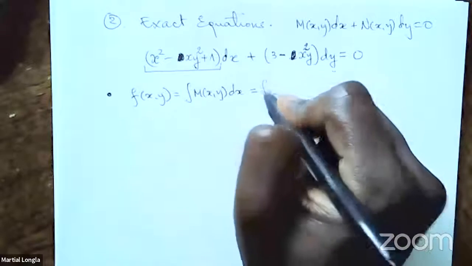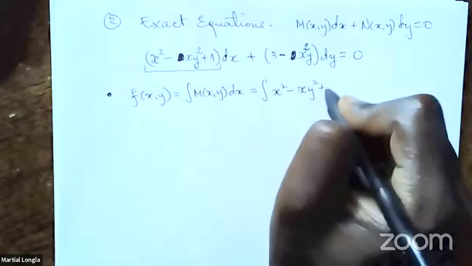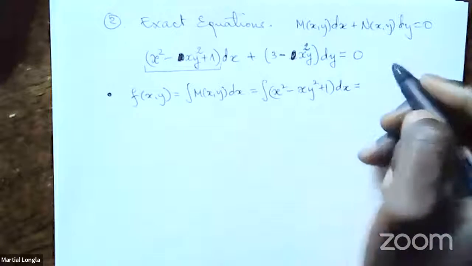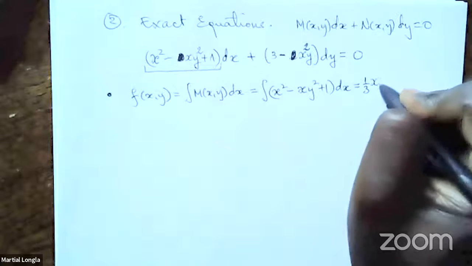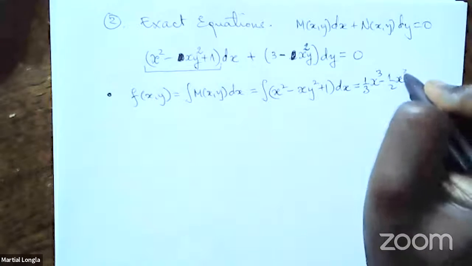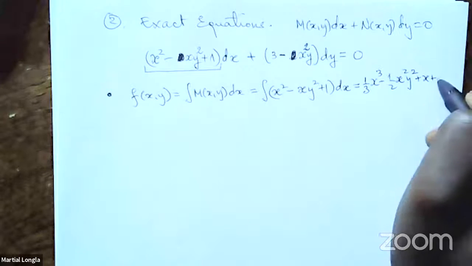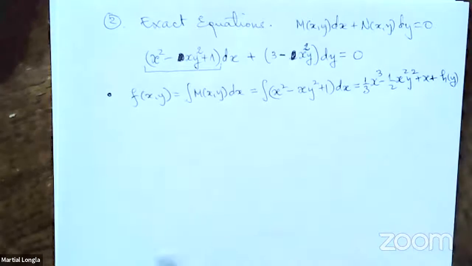That is the integral of x squared minus xy squared plus 1 dx, which, when you integrate with respect to x, you get 1/3 x cubed minus 1/2 x squared y squared plus x, and then you have a constant of integration that is a function of y.